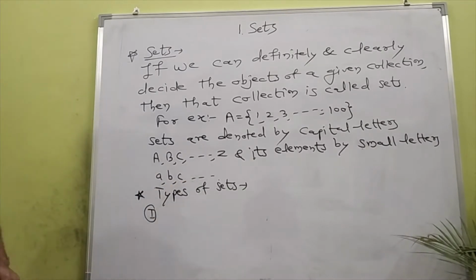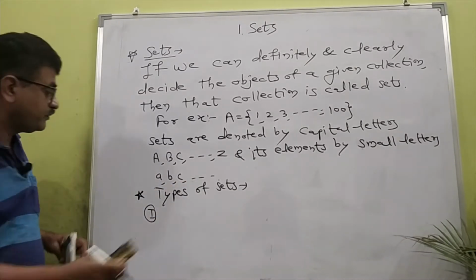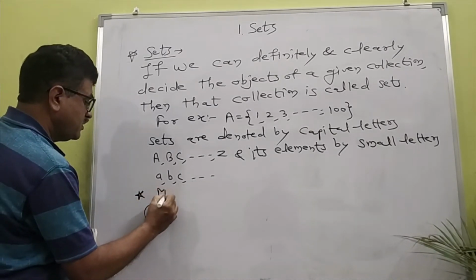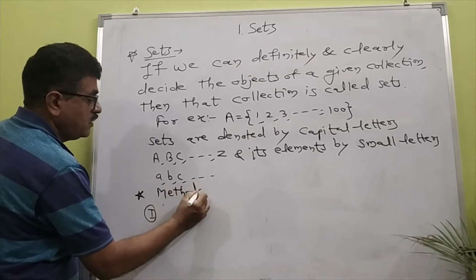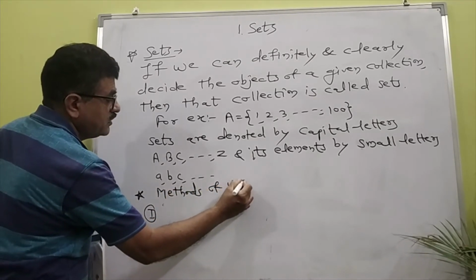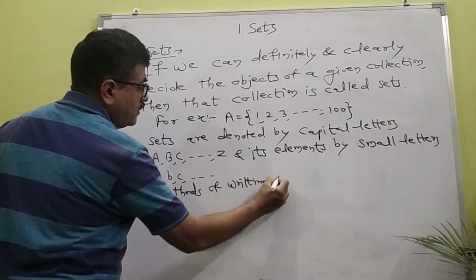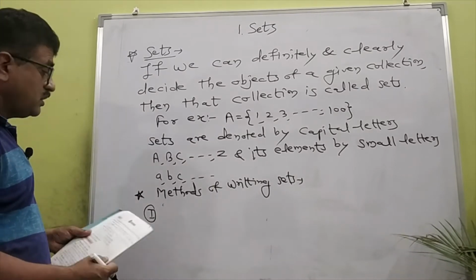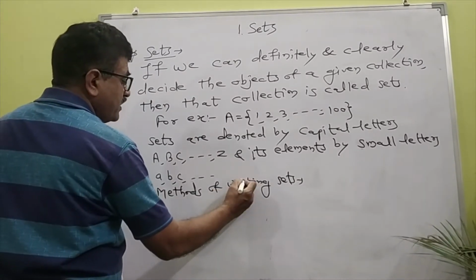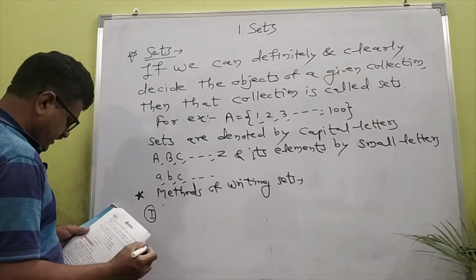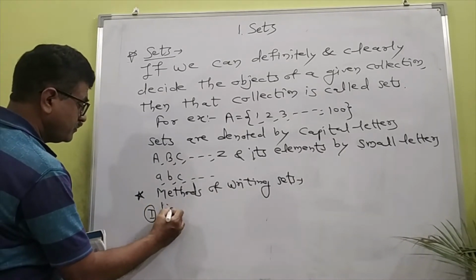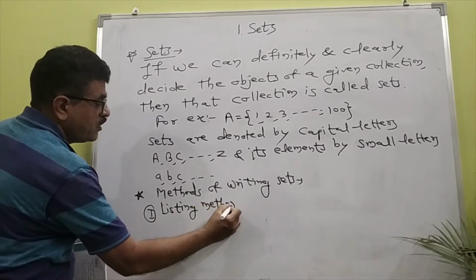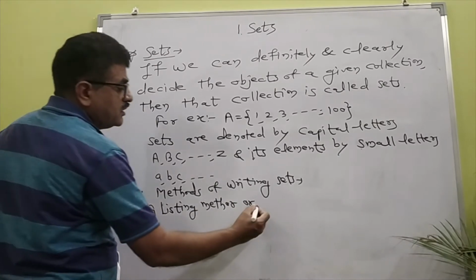I write down here methods of writing sets. There are two methods. First method is listing method, or we can write this as roster method.